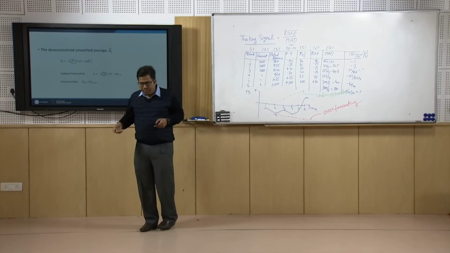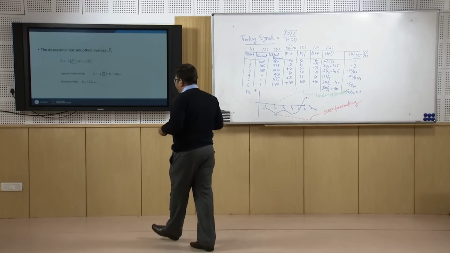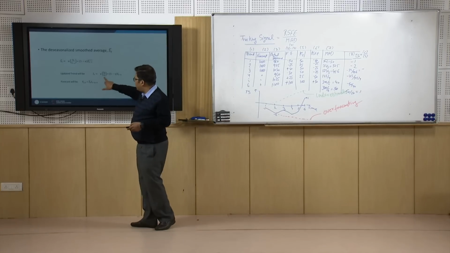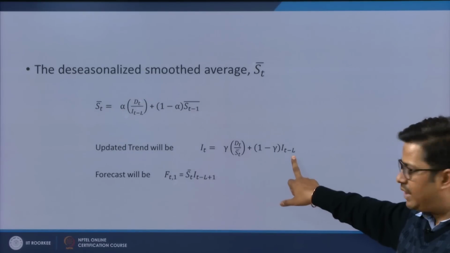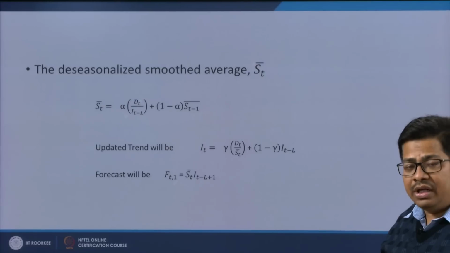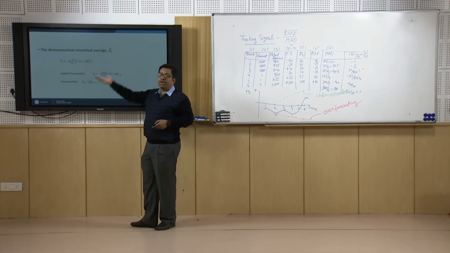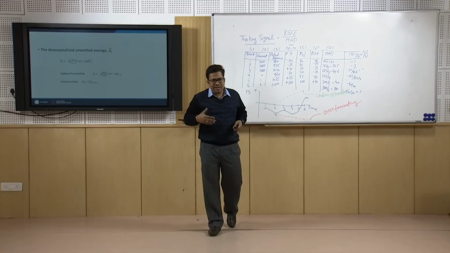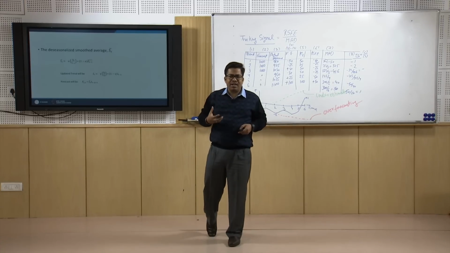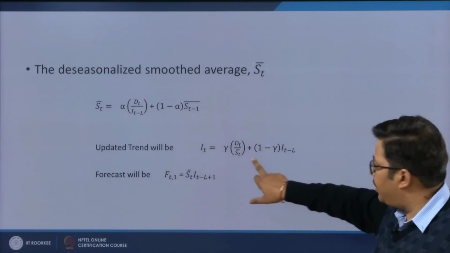But at the same time I would like to update my seasonal index also, though it will not be used immediately. It will be used for 2018, but I continuously need to update my seasonal index, and for that purpose this equation will be used.